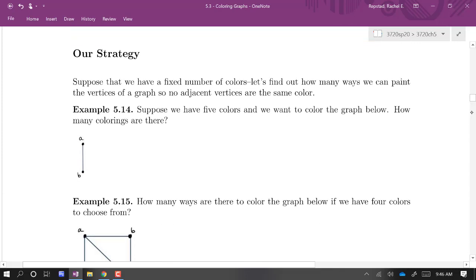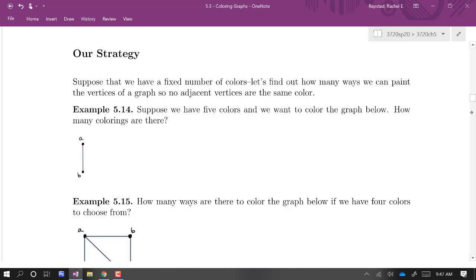So here's our strategy. We're going to use some counting techniques actually here. So we're going to start. Suppose we have, let's look at this graph, really simple graph, right? I got two vertices connected by an edge. And suppose we have 5 colors available, we're going to figure out how many colorings there are, like how many options, all right?